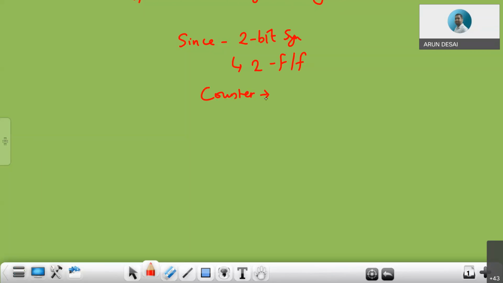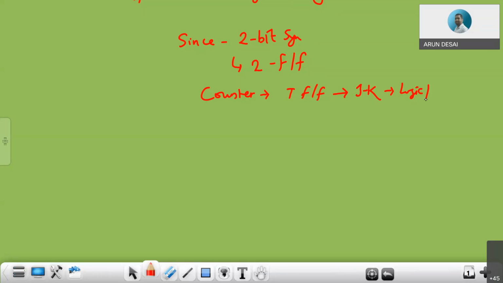The flip-flop basically required is the T flip-flop. A T flip-flop is internally a JK flip-flop with logic 1, so it is in toggling mode. So we are going to use a JK flip-flop for this counter.